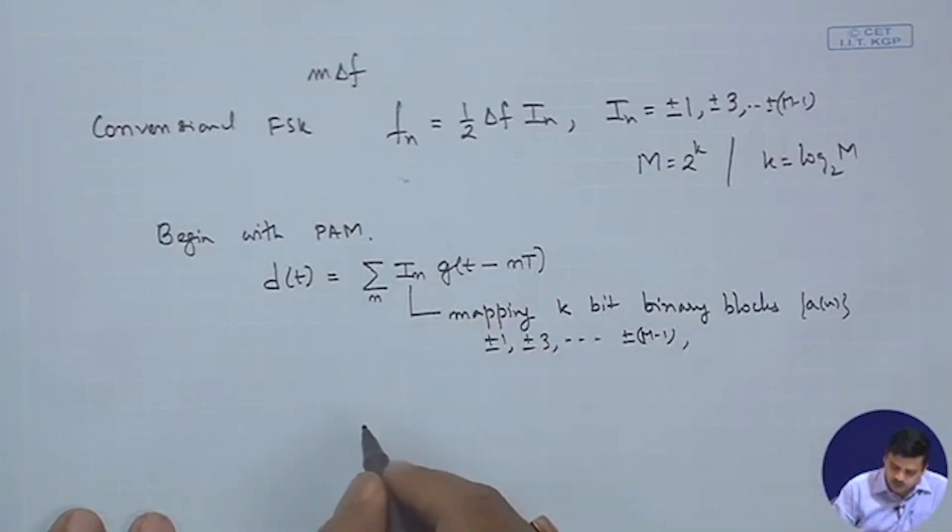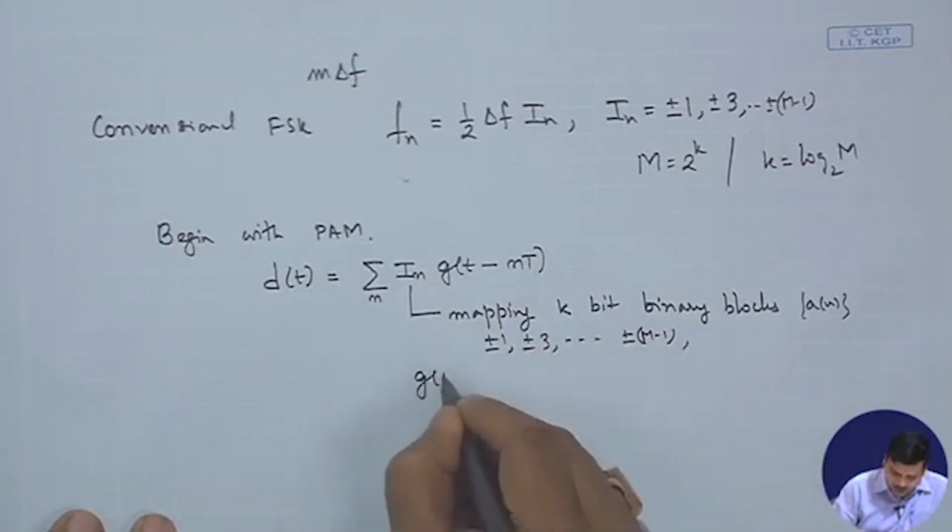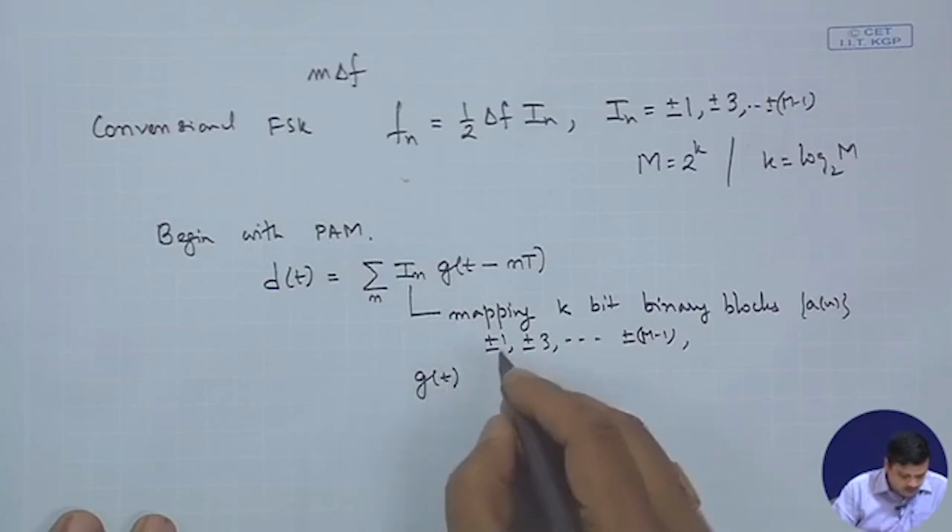So, this is how you get I_n, and g(t) we have indicated earlier.